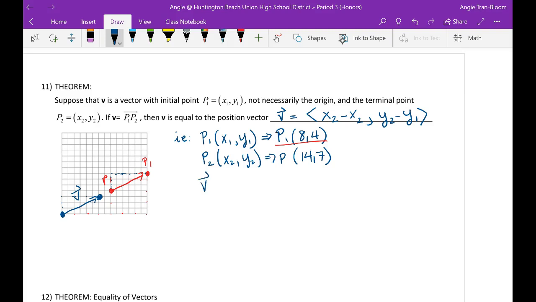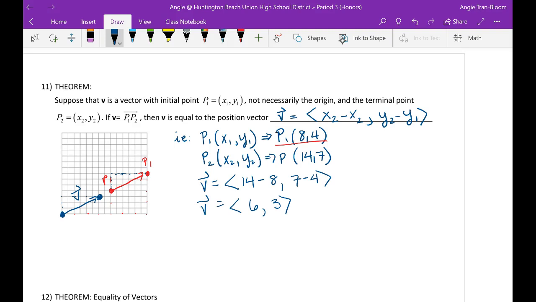So I said, hey, to get the position vector, you subtract the 2 x's. Okay, so x2 minus x1, which is 14 minus 8, comma 7 minus 4. Okay, so V equals 14 minus 8 is going to be 6. Okay, 7 minus 4 is going to be 3. So what's happening? Keep in mind that we don't need a lot, because it's already starting at 0, 0.